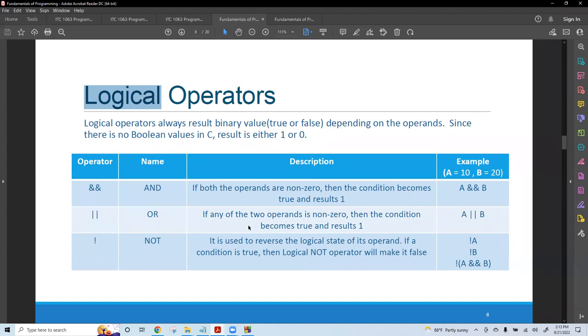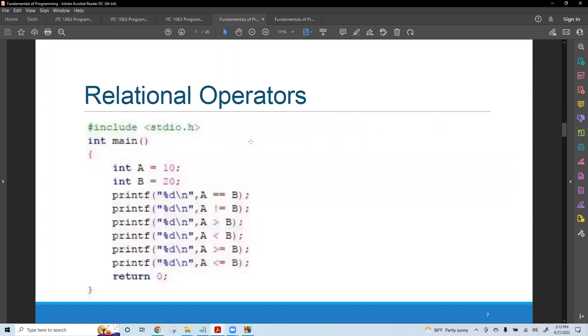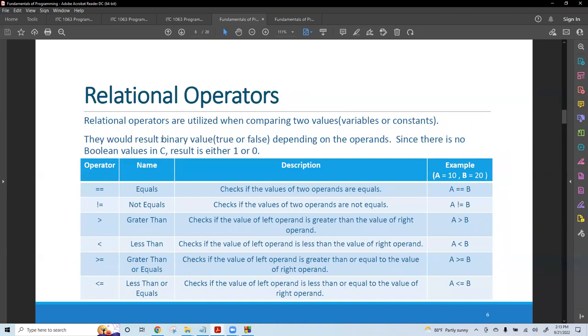So we have three operations: and, or, and not. The logical operators always result in a binary value. So that's why I told you it is similar to relational operators.